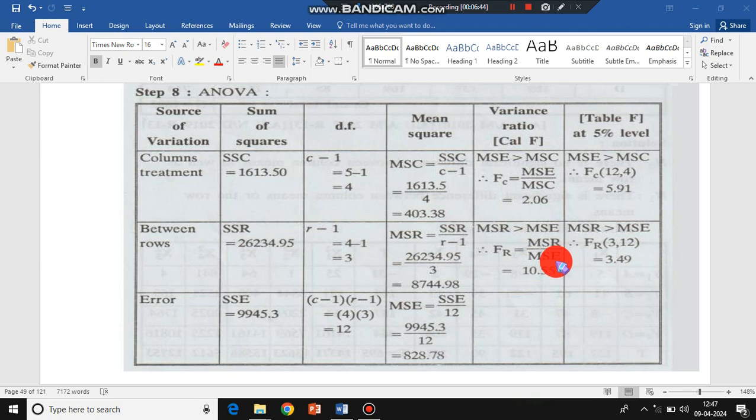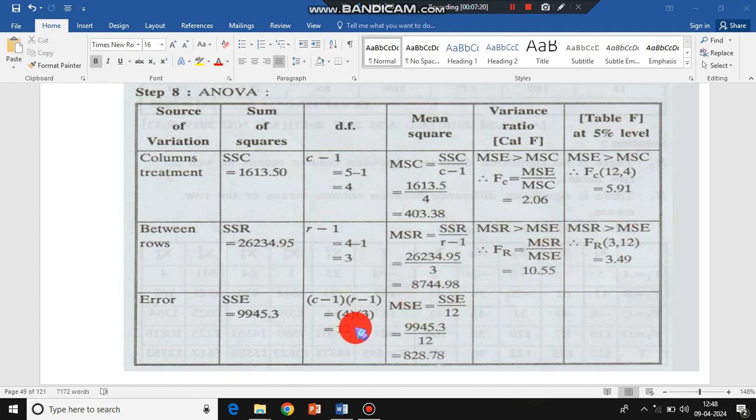Mean square error, its degrees of freedom is 12, and that 12 you have to write in the second place inside the bracket. I repeat, the numerator measure MSR has degrees of freedom 3, which you write in the first place inside the bracket to find the table value of F. The second place is the denominator measure, MSE.